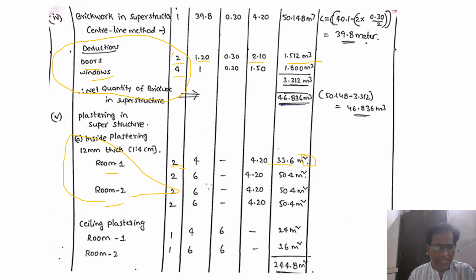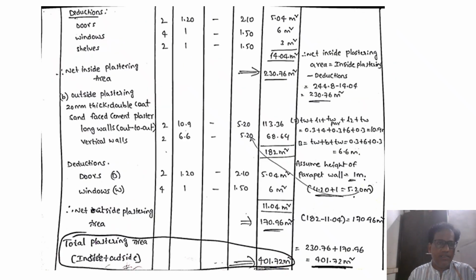Many of us should realize that plastering is measured in square meters, because it is of limited thickness, so we generally go for superficial measurements. When it comes to inside plastering, we have the ceiling also for both rooms. This is the way to calculate, but never forget that what we are measuring is in square meters.